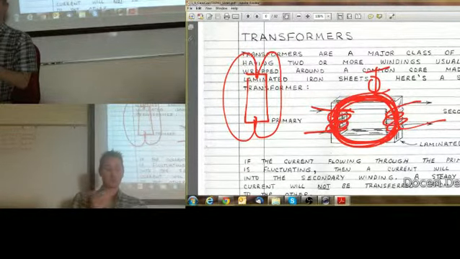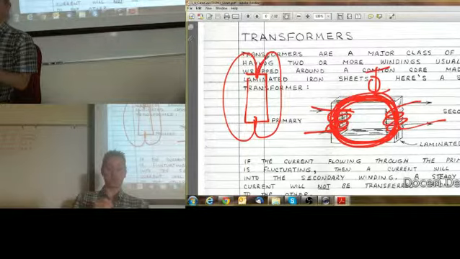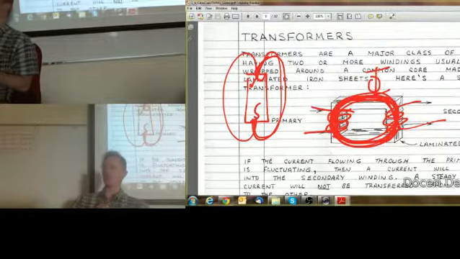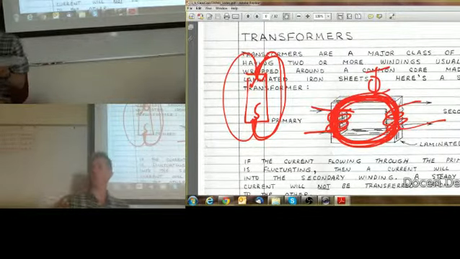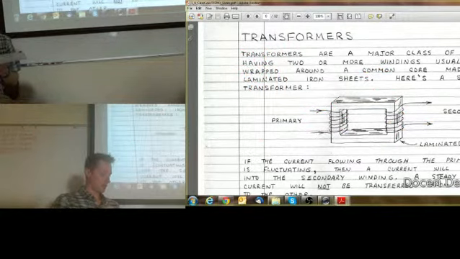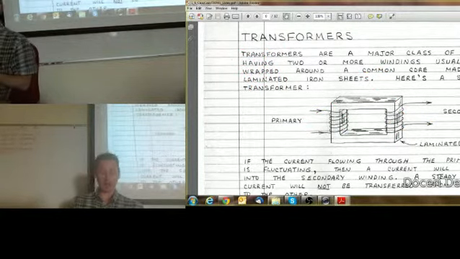Ultimately what the magnetic field wants to do is to get from the north side of the magnet to the south side of the pole. So if you provided a better path here, then most of the flux will be contained in that path that you create for it. So that's basically the idea behind the transformer.